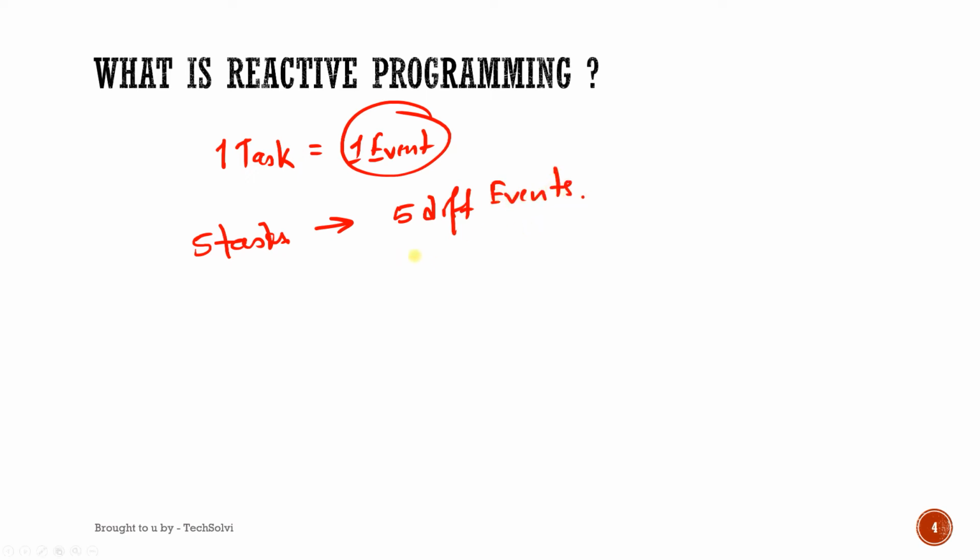In reactive programming, when a request comes in, we line up 5 different events.